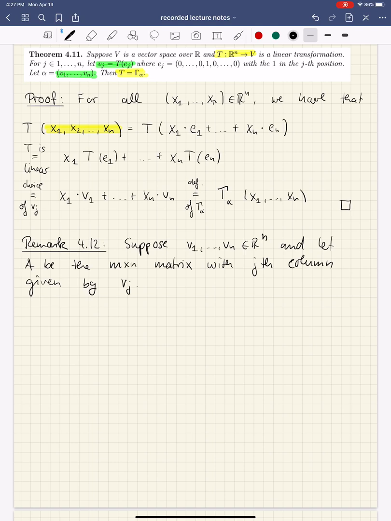And so we want to compare now the linear transformation gamma_alpha, with alpha being the tuple (v1, ..., vn), and the linear transformation given by A, which we denoted by T_A. So first recall that T_A from R^n to R^m, defined by x being mapped to Ax, is a linear transformation.